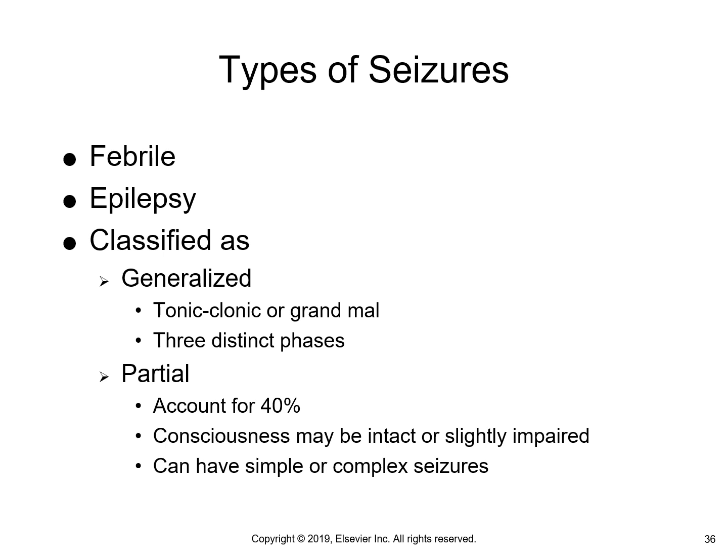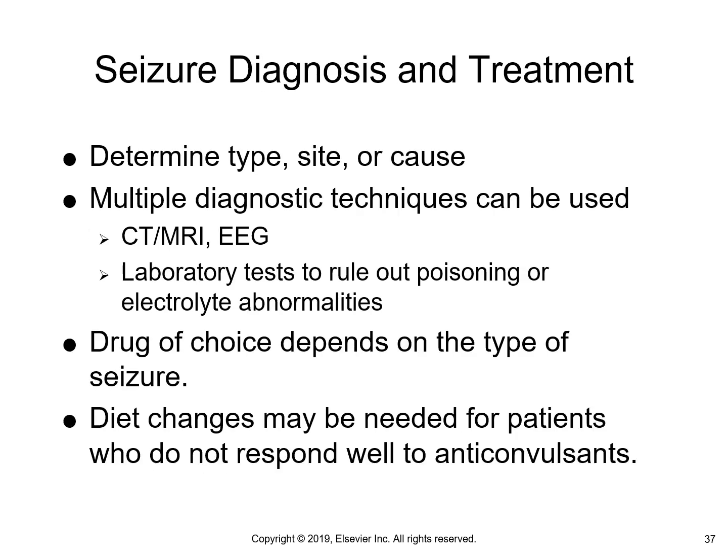Okay, seizure diagnosis and treatment. How do we diagnose and how do we treat? It depends on what type, right? Determining type, site, or cause. Maybe it's a tumor that is causing the seizure.